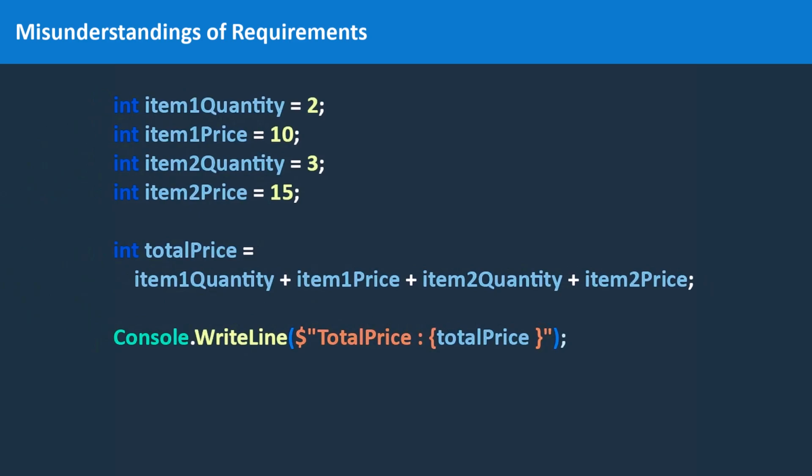For example, let's consider a development team creating a program to calculate the total price of an order in an online shopping system. One developer misunderstands the requirement and assumes that the program should add the quantity and price of each item to calculate the total price.